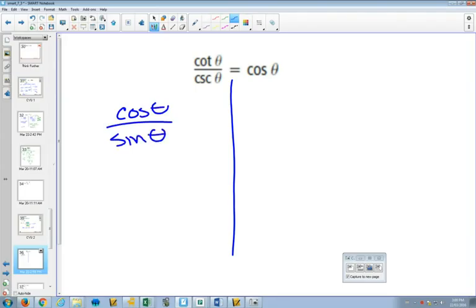We don't have tan on the right. Adding tan on the left isn't going to help us. We'll probably have to change it to sine or cos eventually anyways. So changing to cos over sine, draw a bigger line here because cosecant is 1 over sine. And now we have a fraction divided by a fraction. Multiply by the reciprocal.